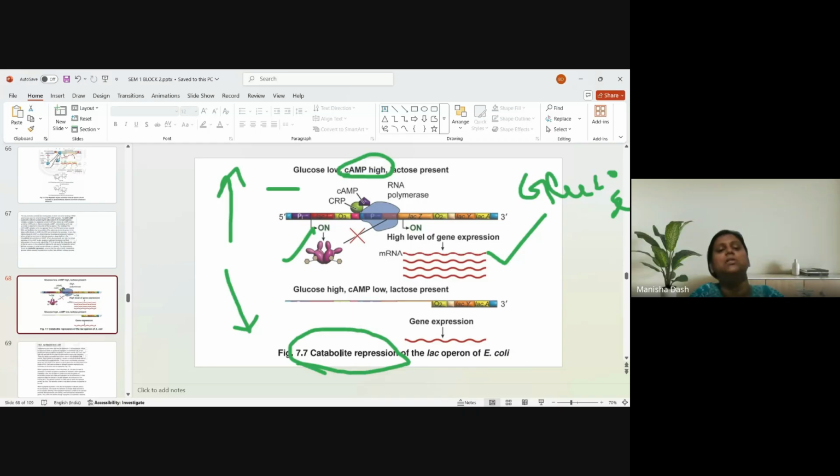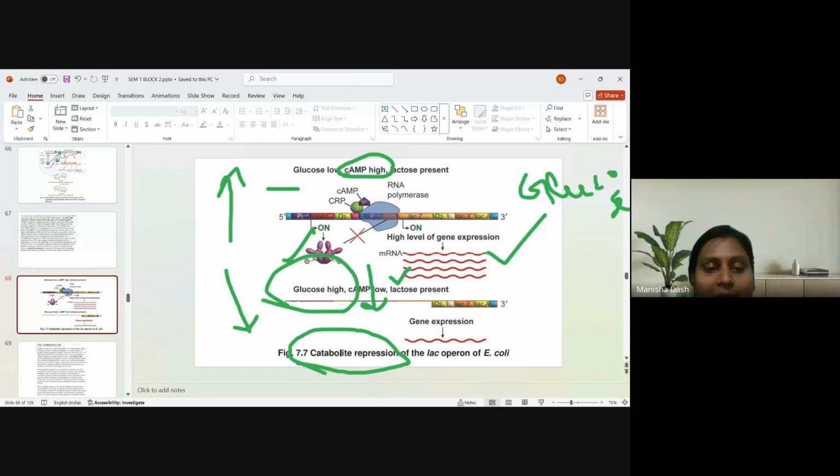But if there is glucose in the medium, then the high glucose actually leads to a low cAMP level. The cyclic AMP level will be low. Even though lactose is present, the glucose will not allow the lac operon to be expressed. So why does this happen?